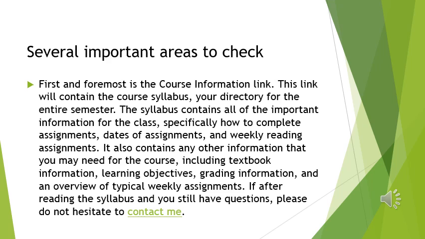It also contains any other information that you may need for the course, including textbook information, learning objectives, grading information, and an overview of typical weekly assignments. If after reading the syllabus you still have questions, please do not hesitate to contact me.